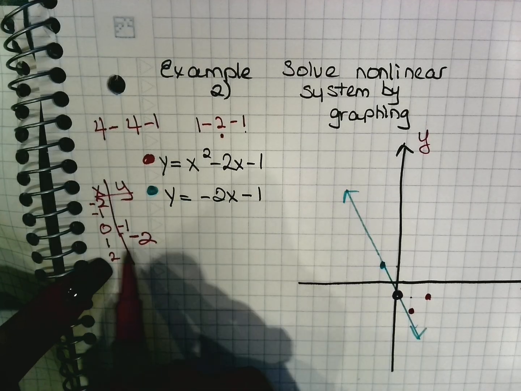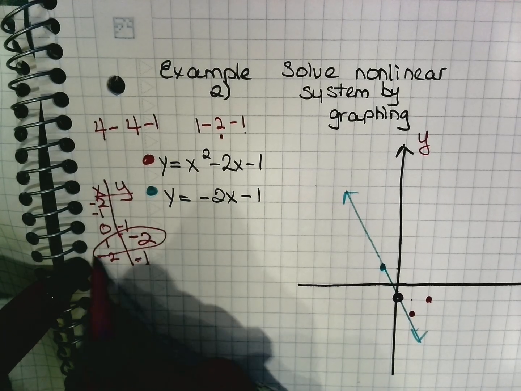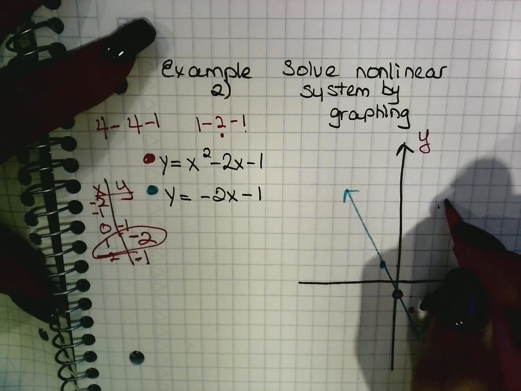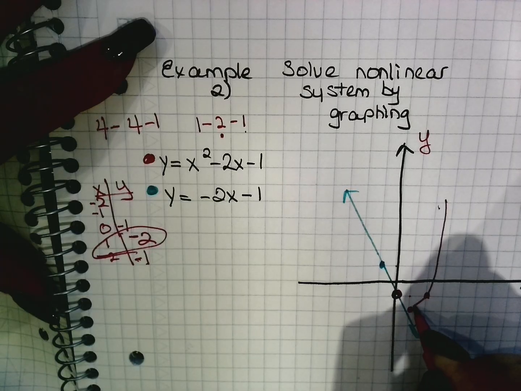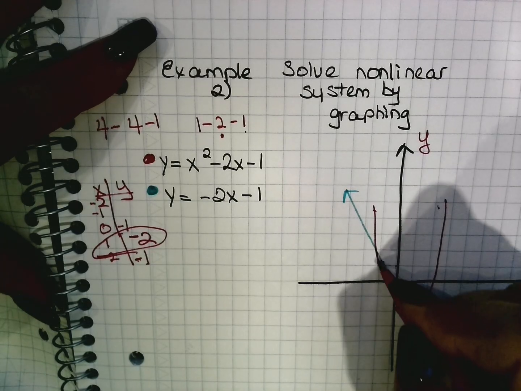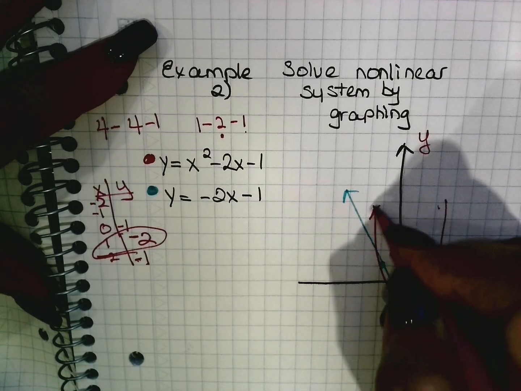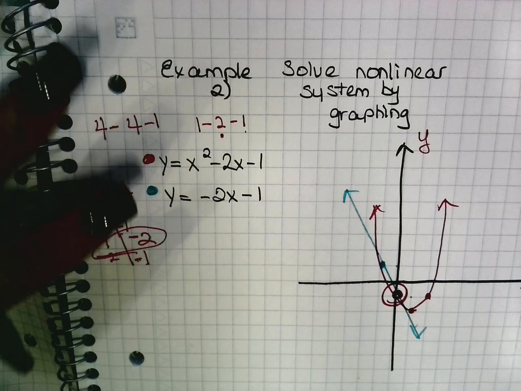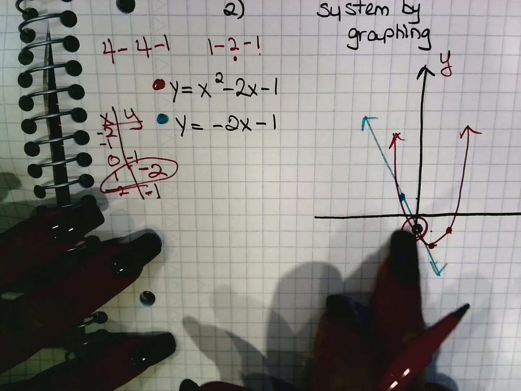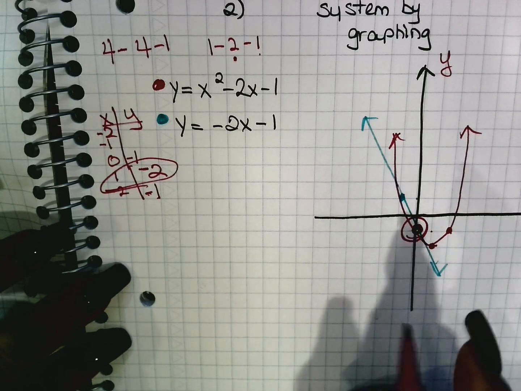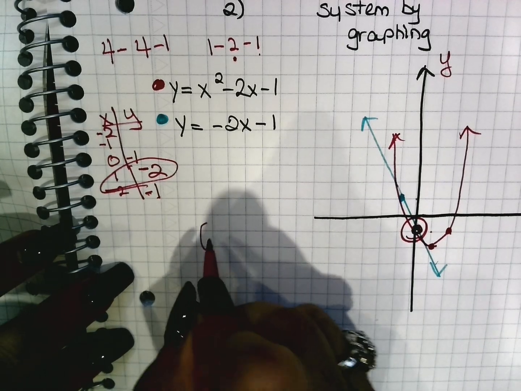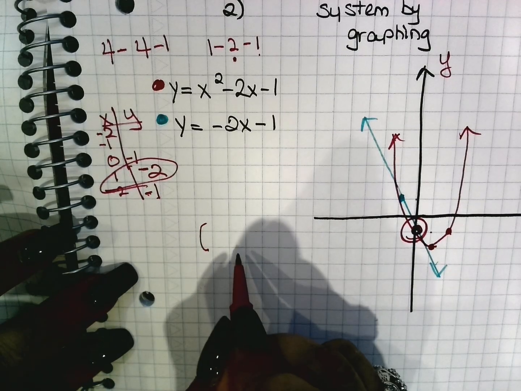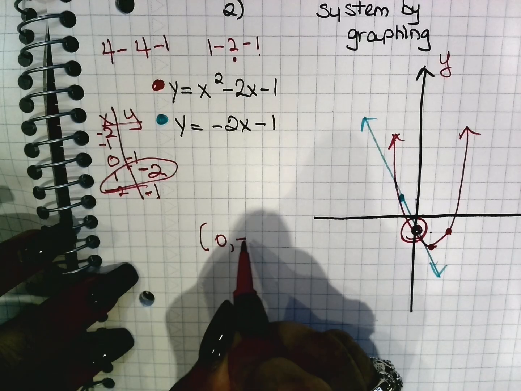What that tells me is that this is your vertex, and this guy is basically doing this, but all you really need to focus on is that point. That's the point where the line and the function are intersecting, and that's the point at 0, -1.